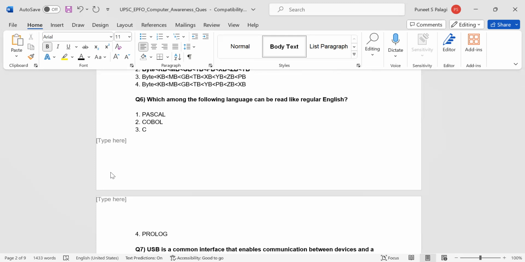The next question, which among the following languages can be read like regular English? Pascal, COBOL, C, Prolog. Okay, so again, read the question.